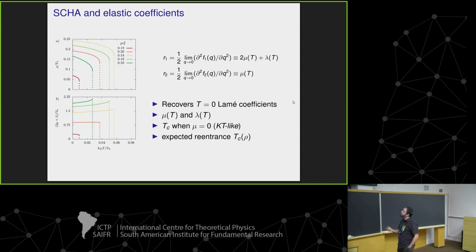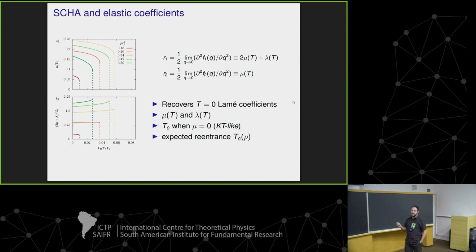Actually, so this is a long calculation. We determined the quadratic coefficients of these functions self-consistently, and these are related to the Lamé coefficients of these systems. So, for instance, let's see the shear modulus.